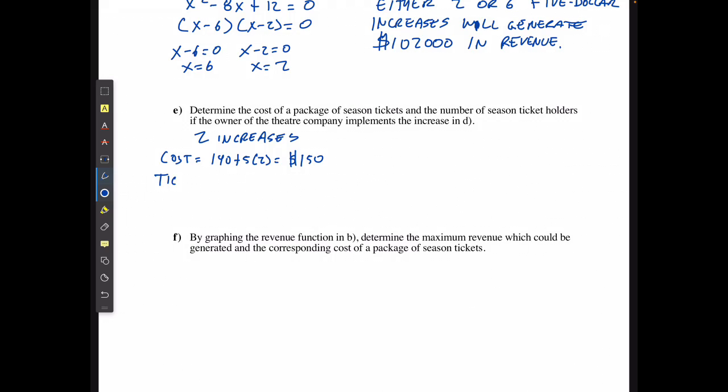The tickets sold is going to be 720 minus 20 times 2, or 680.